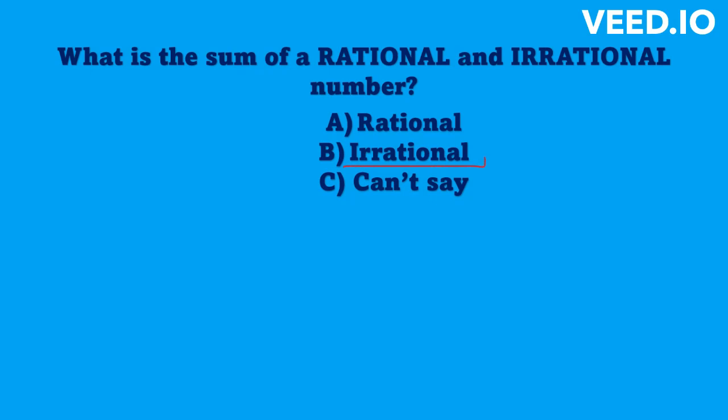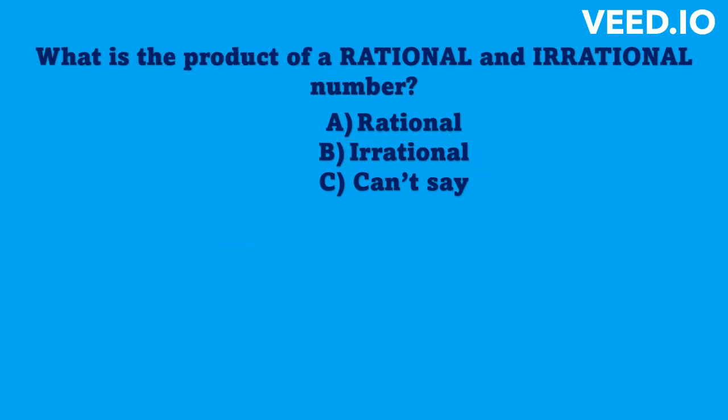The sum of a rational number and an irrational number is irrational. Let's see how. We have 2 and root 2, a rational and an irrational. We have 1 and pi, where pi is an irrational number, which means it gives us a decimal with undefined values or never terminating.